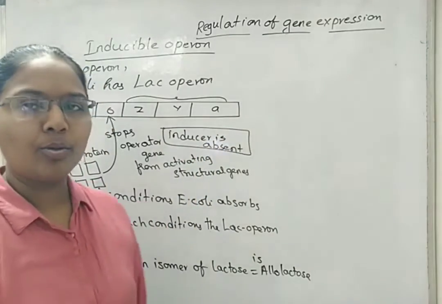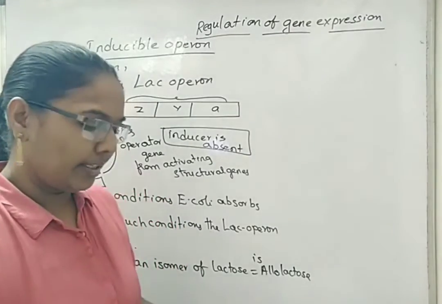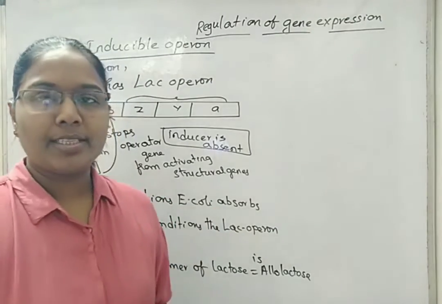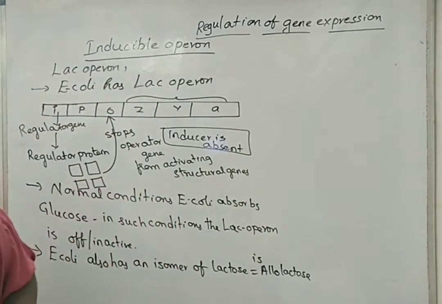Now, all the glucose that is available in the intestine is absorbed by the E. coli. Then there is no more glucose, only lactose is available. Then what is the situation?